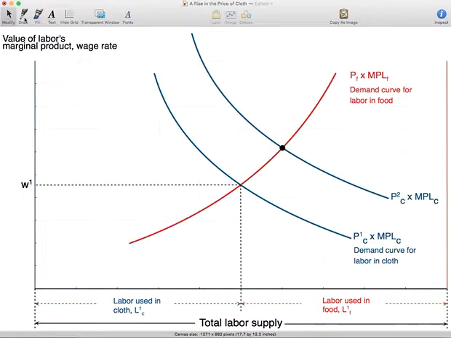And if I draw in a couple of dotted lines here, and let me make that size the same as the other ones, bring it down to 2. This will be the new equilibrium wage rate. And let me actually get rid of that. I'll just copy and paste to make it easier.